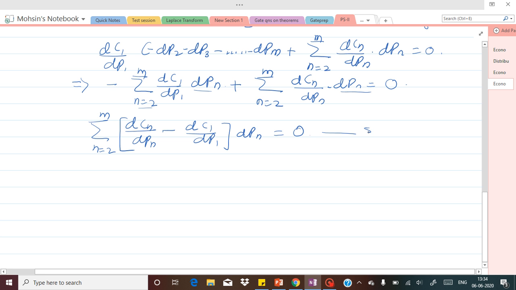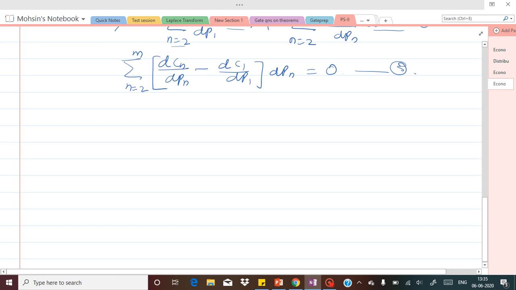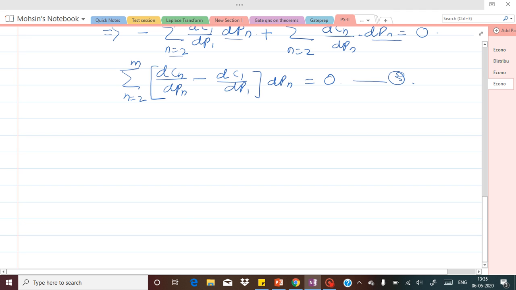So this is equation number 5. Now this is the final equation that we can obtain by simplification. This equation should be equal to 0, then only we'll get the economic operation. So when the overall summation is going to be 0 and dpn is also going to be 0.